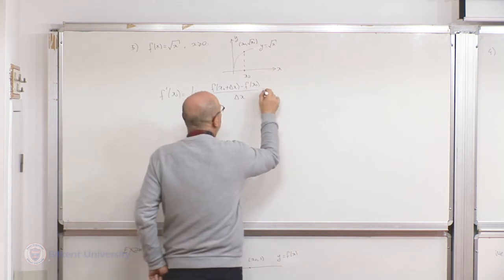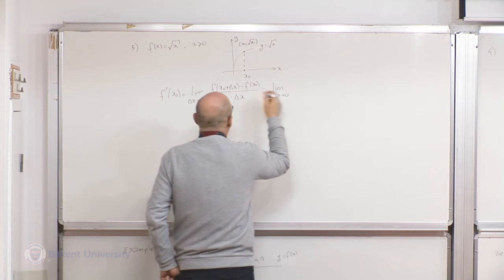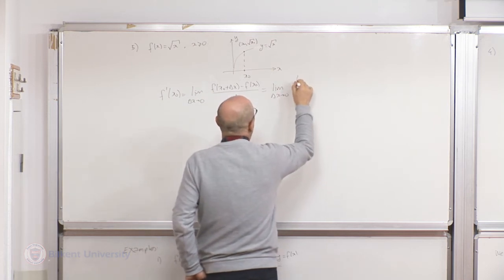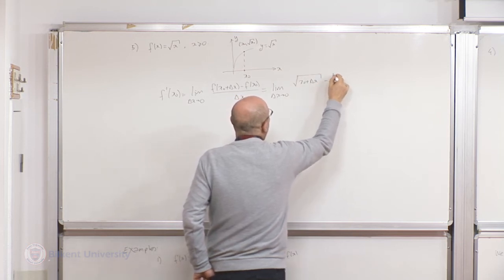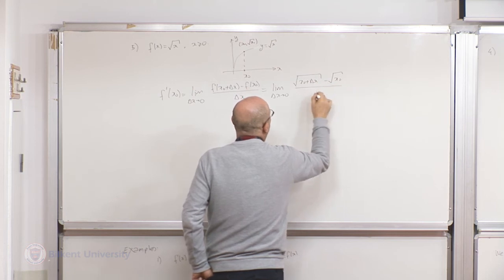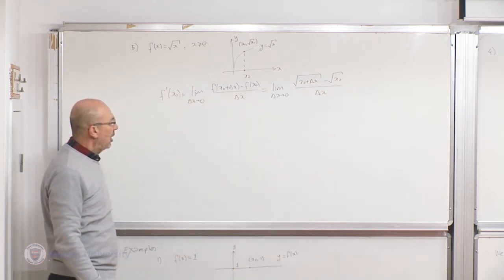And the next step is just putting in the values. Then we'll start to think. So far we don't think at all. Square root of x sub 0 plus delta x minus square root of x sub 0, divided by delta x. Okay, so now we start thinking.